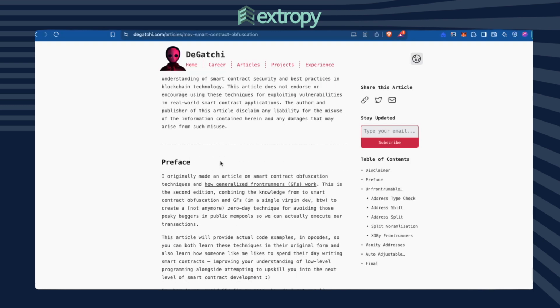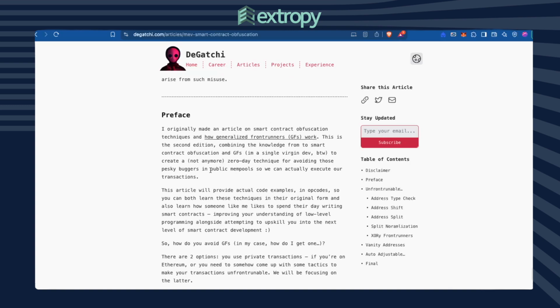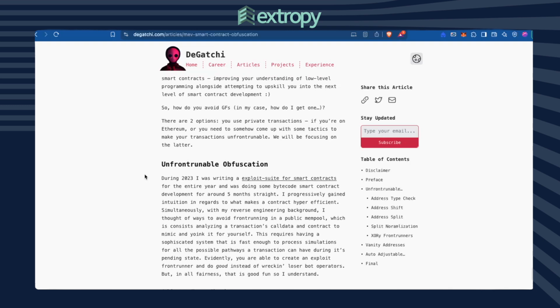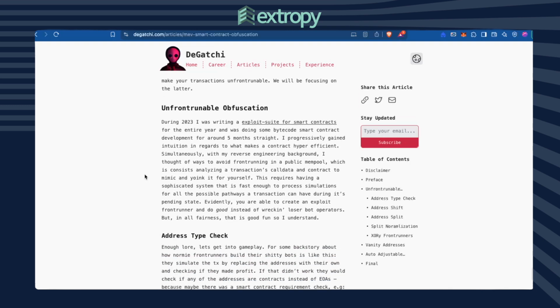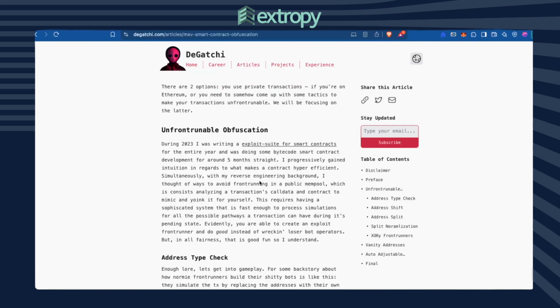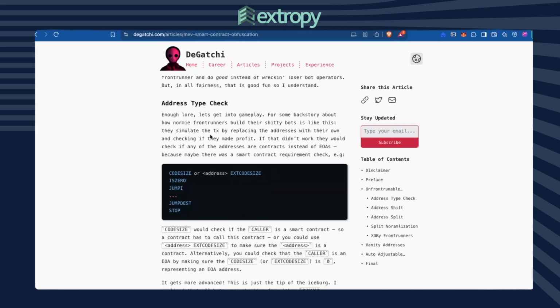I think he was motivated by this because he was trying to defeat the generalized frontrunners. So he was trying to think of ways to do that, and the point here is that he's saying the front runners are going to go in and replace an address in the code with their own and then try to work out if there's a profit.